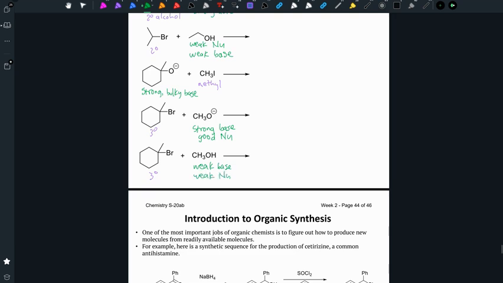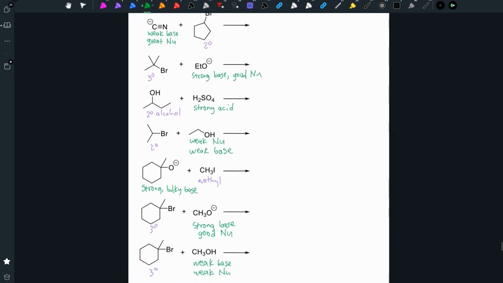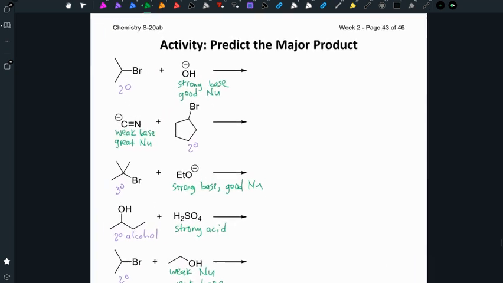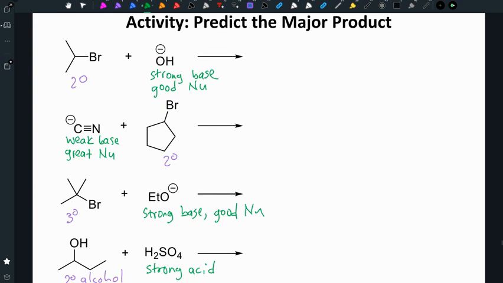So I've laid the groundwork for my thought process now that I've characterized each of these reactants. So now it's time to pick a reaction mechanism and fill in products. So this first one I'm starting with, this is a gray area because, again, it's secondary and I have a strong base.